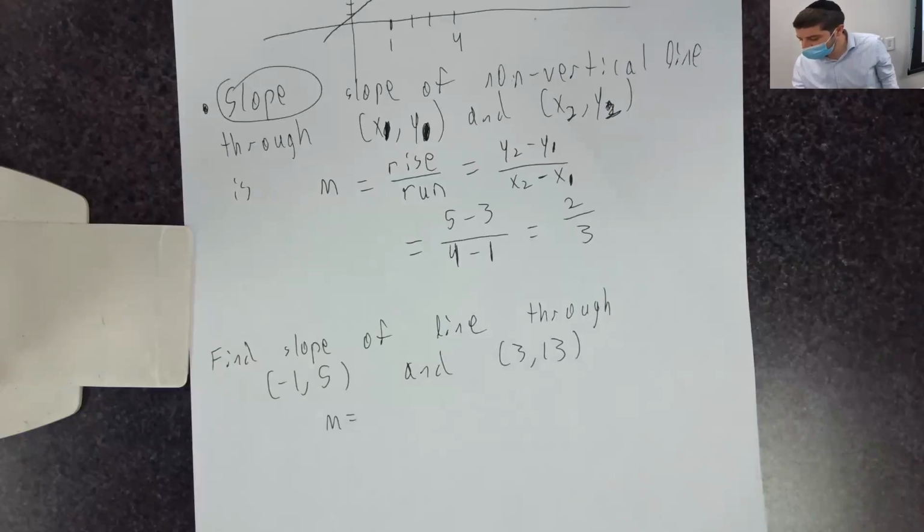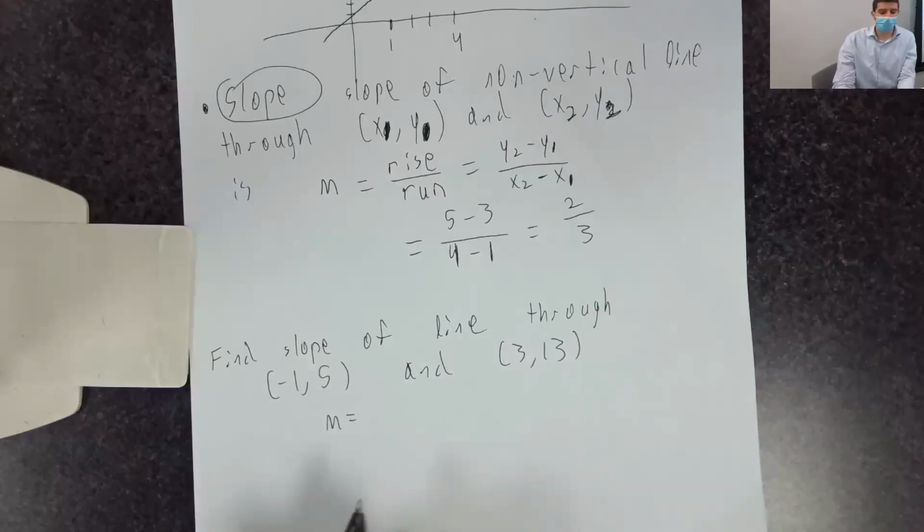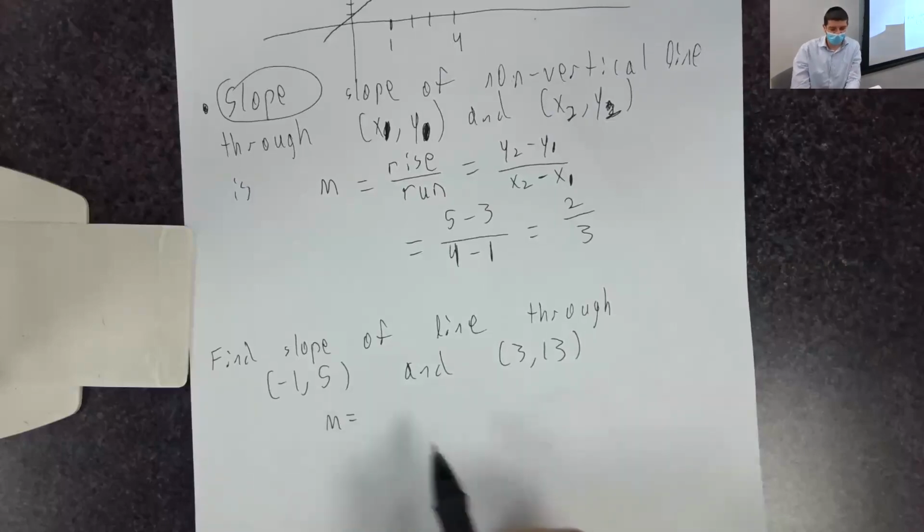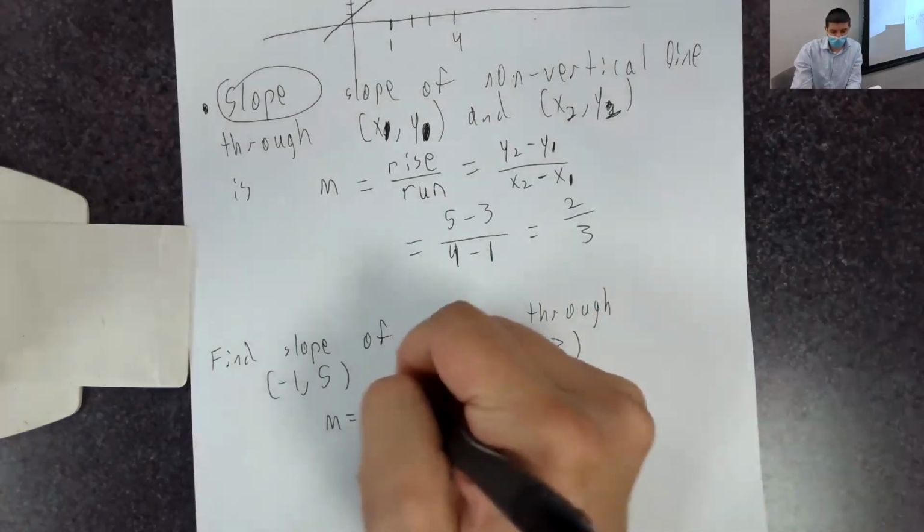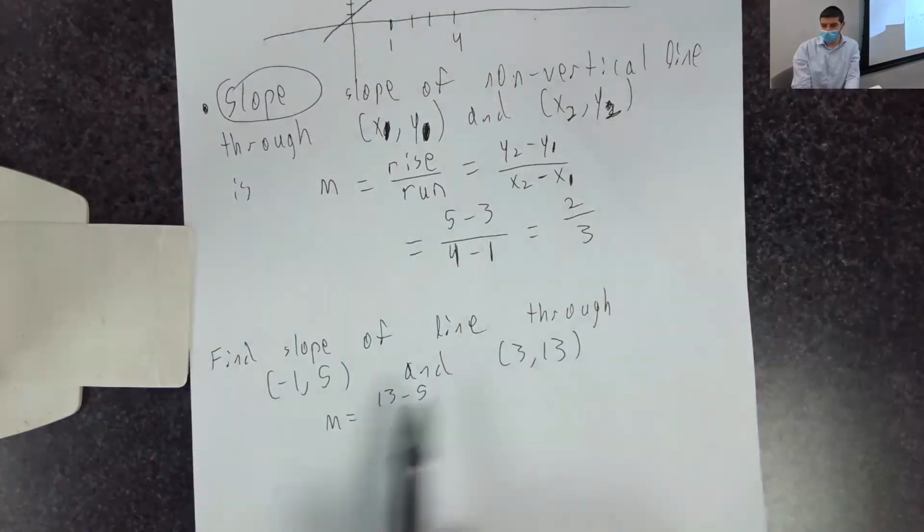Okay. Let's see, is Mia Dual here? Mia Dual, how would you compute the slope? What should I put in the numerator? I did 13 minus 5. Good, 13 minus 5. So you pick this as your second point, this is your first.